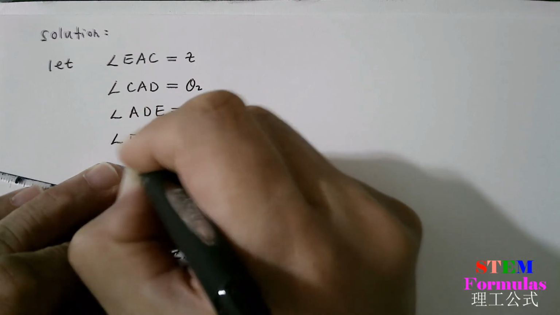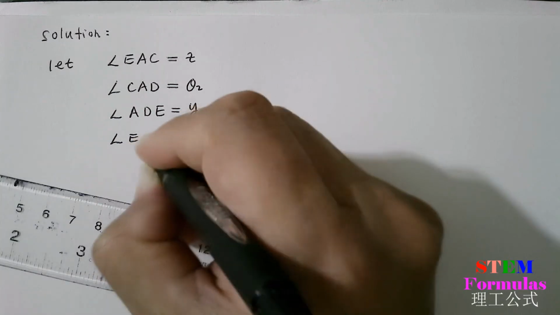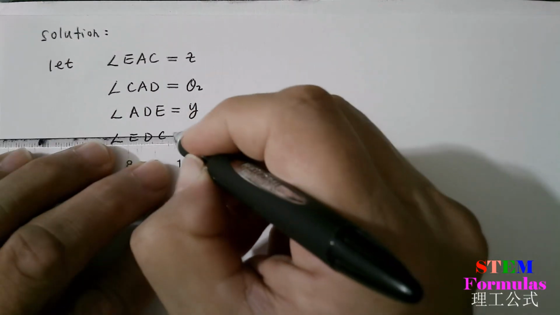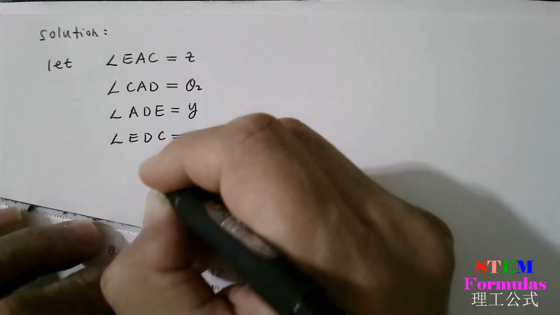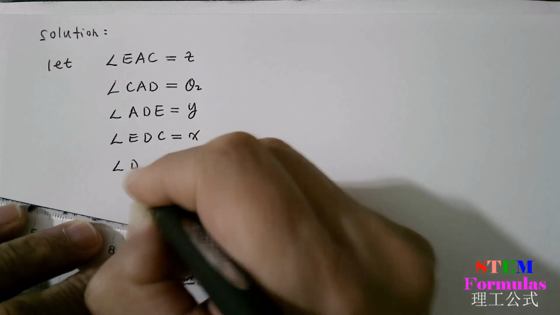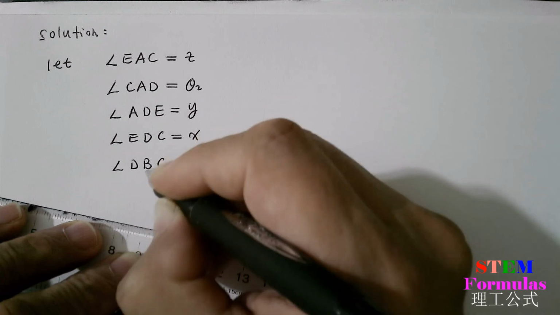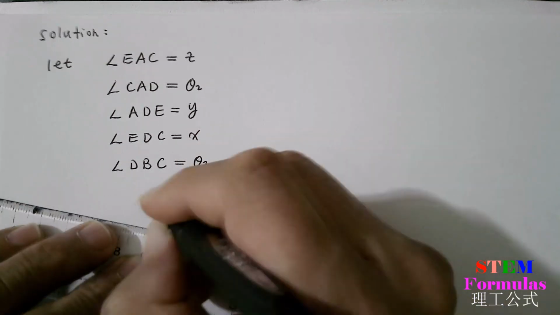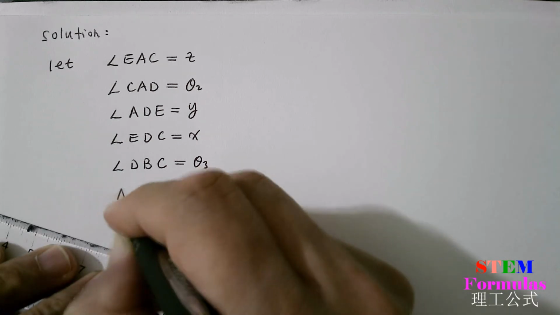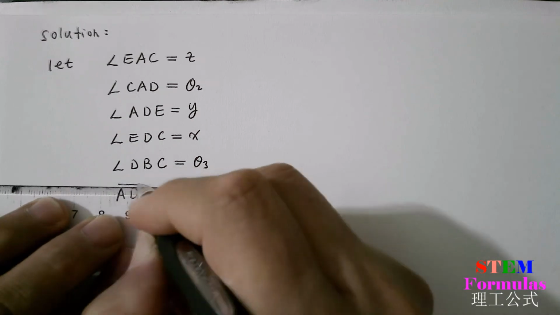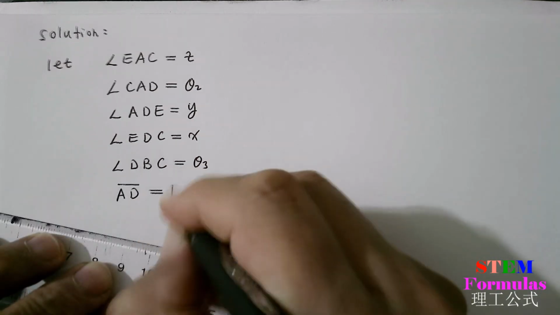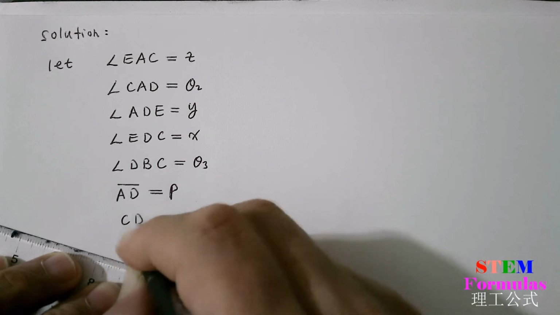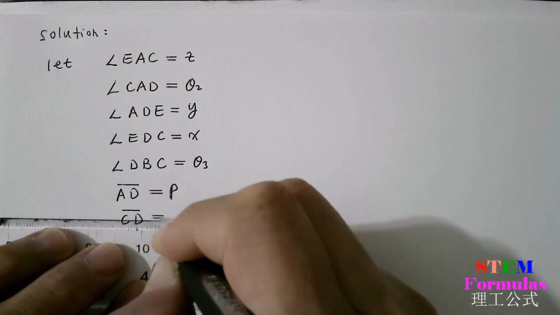Angle EDC equals x. Angle DBC equals θ3. And the distance from point A to D equals p, and the distance from C to D equals d.